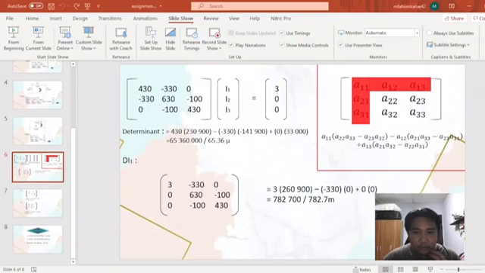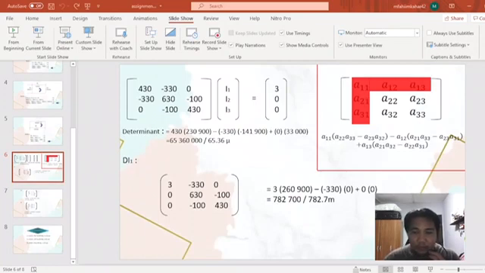As you can see at the right corner of the slide, there is a formula to get the determinant. The way to get the determinant is we use the first row, A11, A12, and A13, multiplied by their minors. So how do we find their minors? For example, in this slide, for the minor of A11, we just remove the first row and first column. The leftover matrix is A22, A23, A32, and A33.